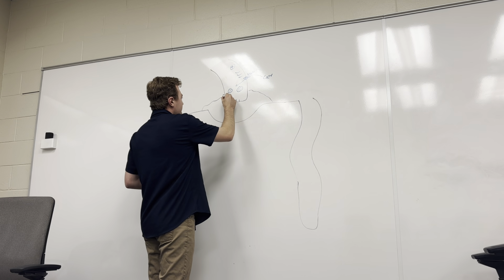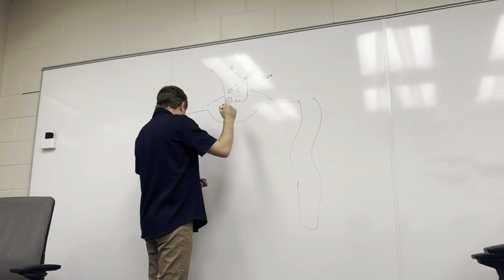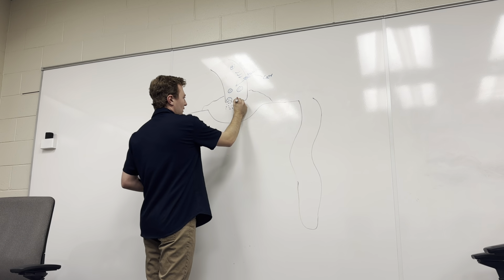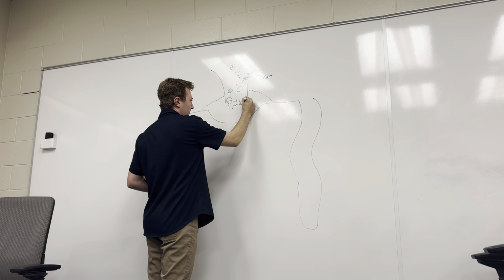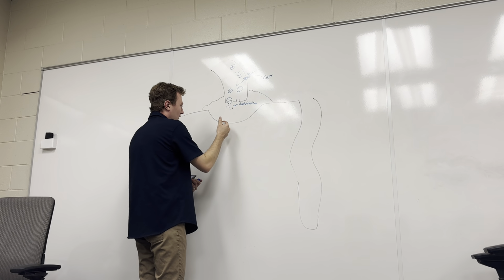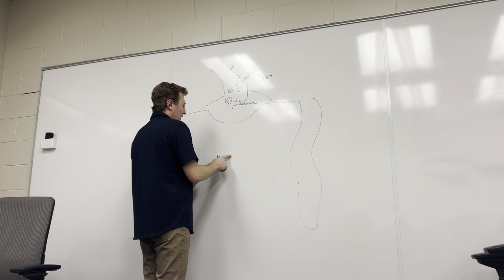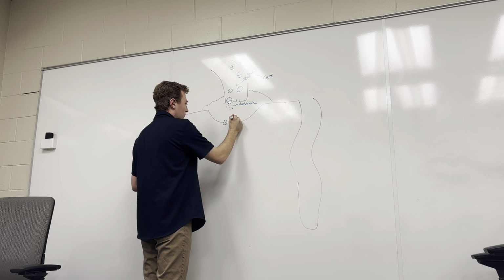And so here we release this neurotransmitter. Specifically, we're releasing acetylcholine. And down here on our muscle cell, we have a couple of receptors.